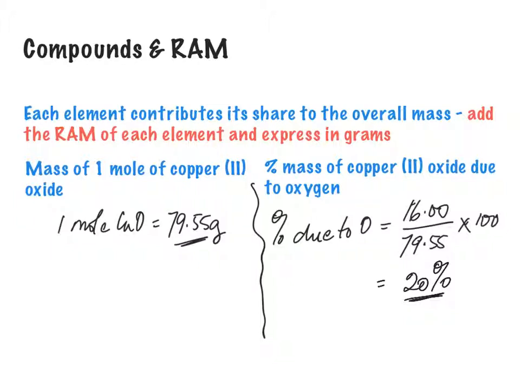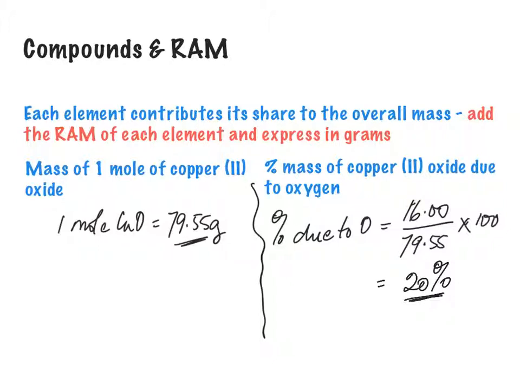Now you should do a calculation, of course. You don't just write down an approximation. But I know 79.55 is almost 80, and there are 5 16s in 80. So that means I've got 1/5 times 100, which is 20%. The same rules apply to every calculation you need to do.